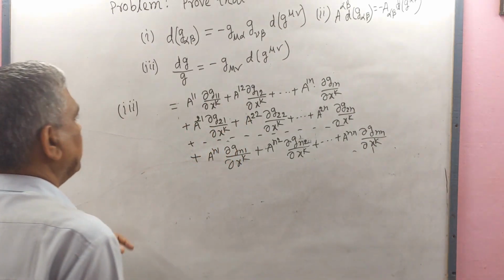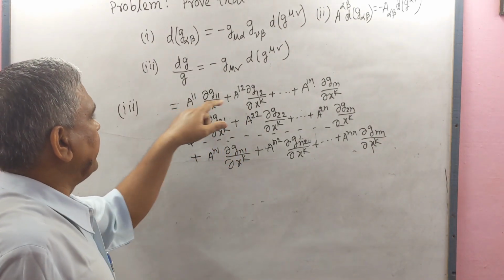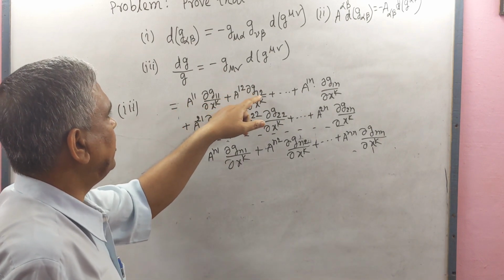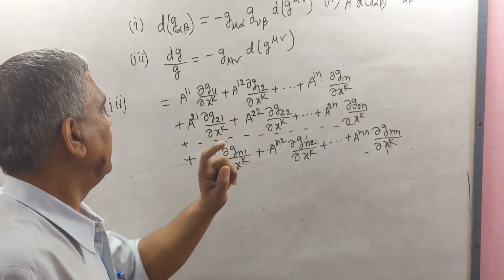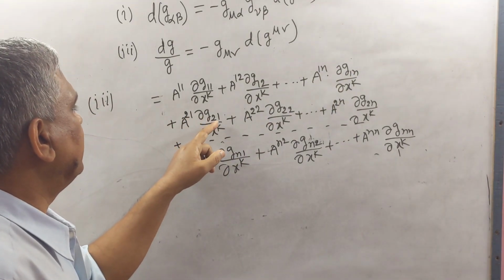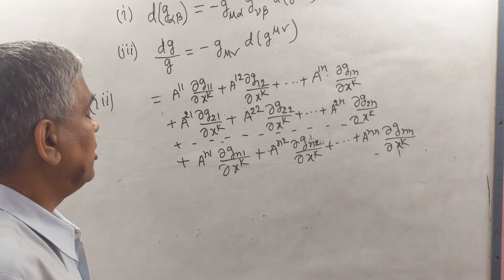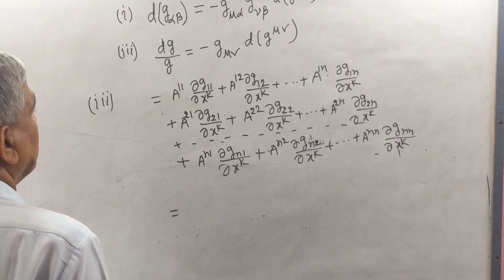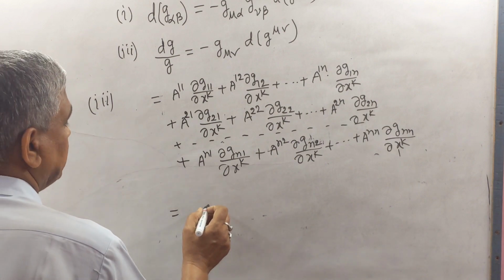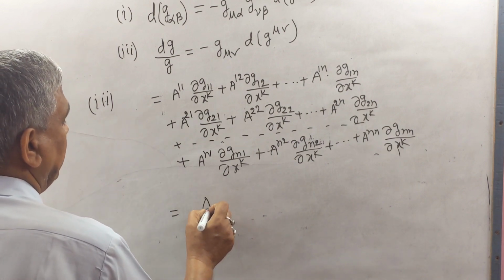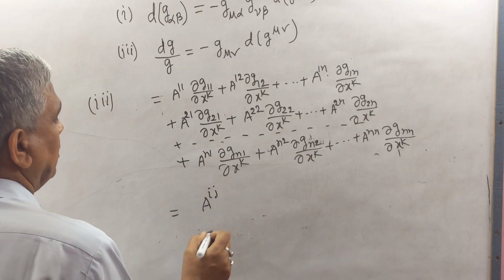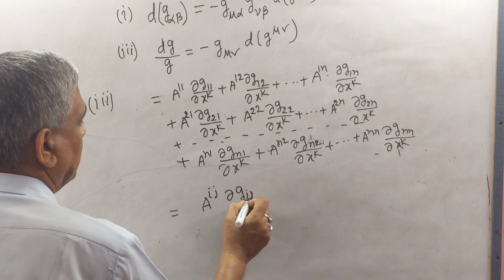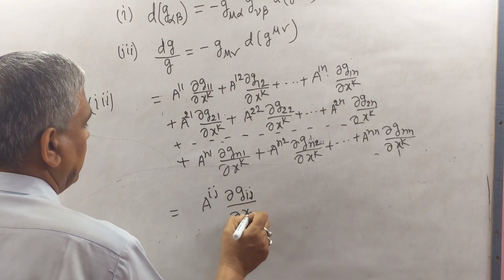Now we see that first line, this is A11, G11, A12, G12, A1n, G1n, A21, G21, and similarly we get all terms. And in short, by using dummy suffix, we may write this equal to Aij del Gij by del xk.